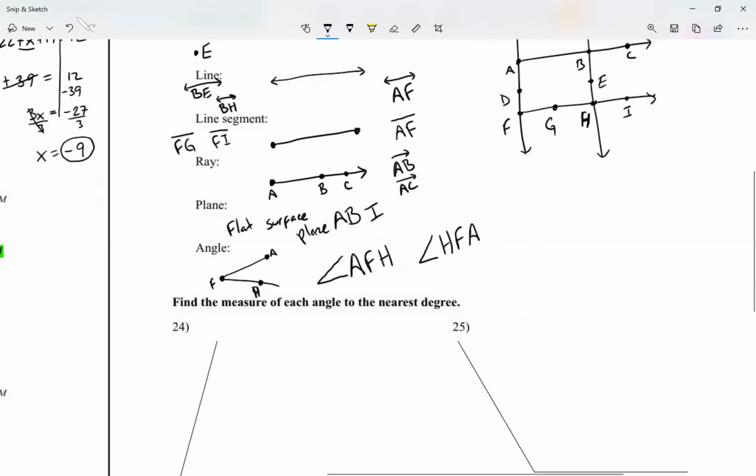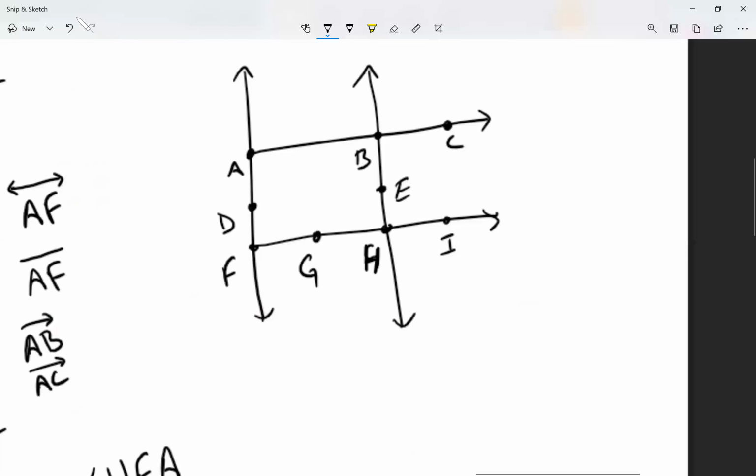So looking at our figure here, I have the angle FAB. Look at FAB. So in your mind, connect F with A and B. Let me highlight them. FAB. You see that corner that was created? Good. What if I say FHE?